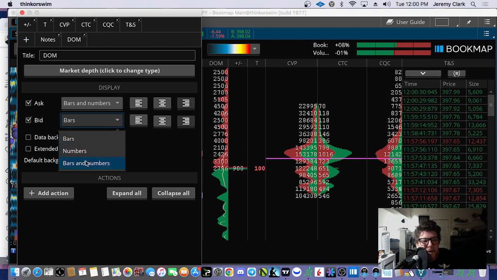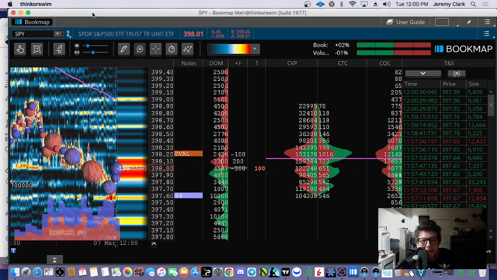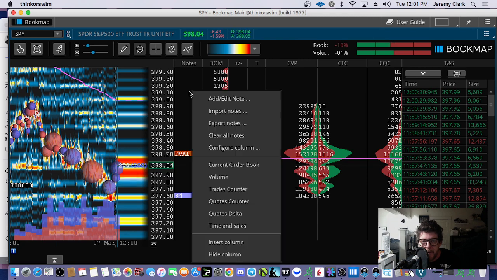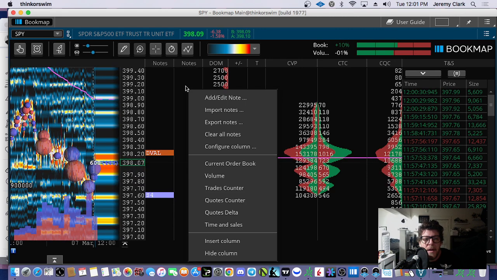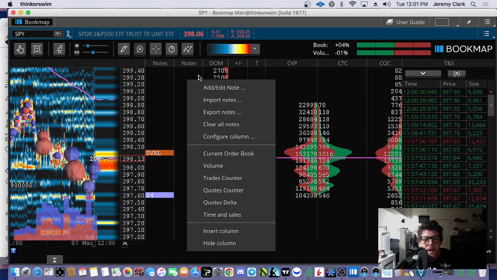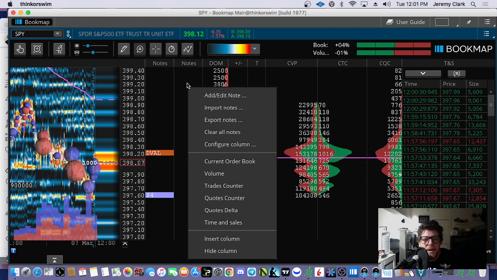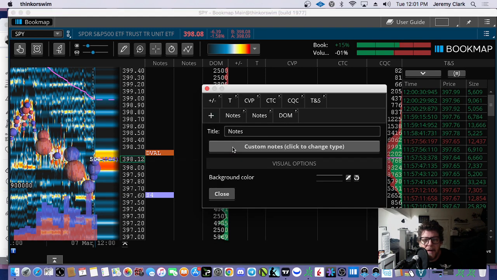So these are just some cool tips and tricks for using Bookmap. Also, if you have Bookmap and you're trying to find the notes, these don't come stock. You have to dig for them. So I'm just going to right click on insert column, and I'm going to, let's see, should give me a configure column. Okay, configure column.